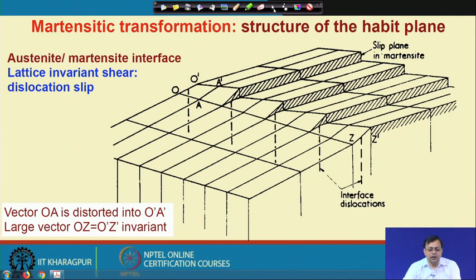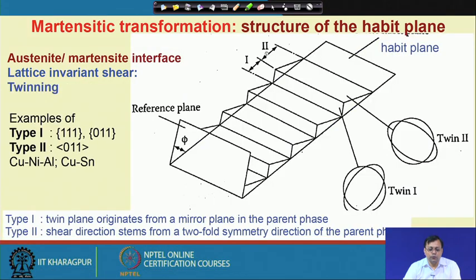A similar situation we can think about in the case of twinning. Let us have a look at how this transformation goes on in the case of twinning. In a martensitic transformation where twinning is involved as the invariant shear, you need to look at the structure from austenite into martensite.